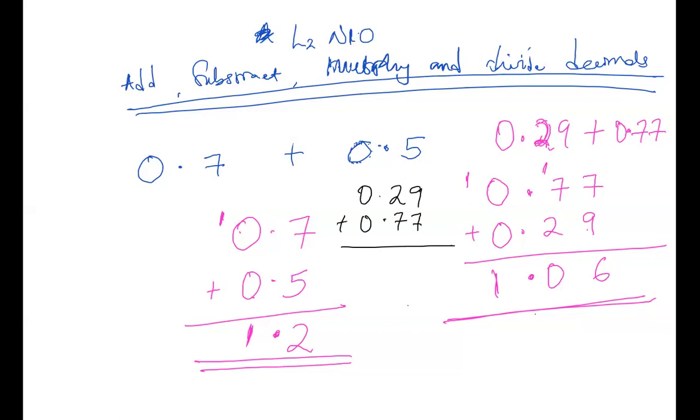Same thing too. 6. That gives you 10, so you put 0 here and 1 here. 1. Can you see? So it doesn't matter the order. It depends on the numbers you are adding.